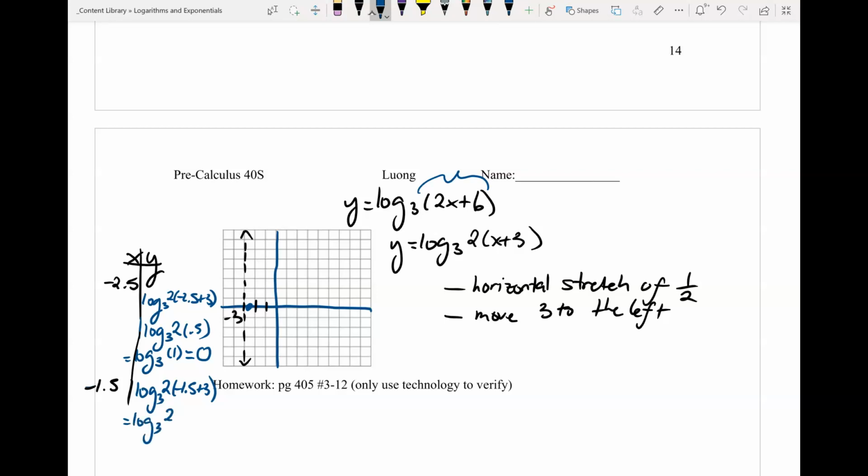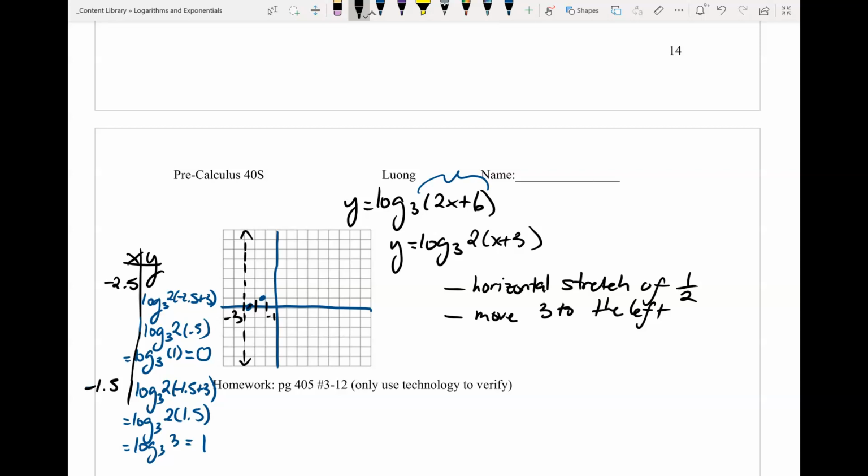That's 2 times 1.5, which is log base 3 of 3, and we know that 3 to the power of 1 gives us 3, so we have a point at (negative 1.5, 1), and that is enough points for us to finish off our graph.